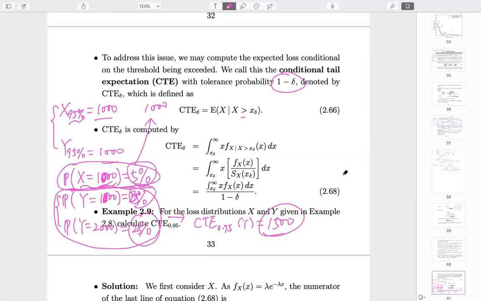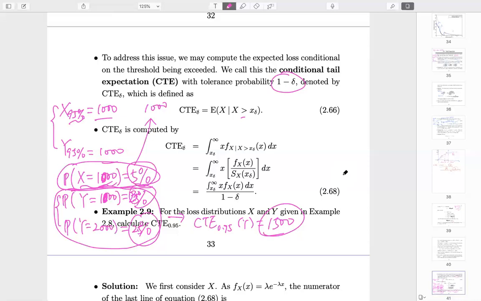That is why we need to introduce the idea of conditional tail expectation. Looking at the threshold is good, but may not be enough for us to see the entire picture of the tail. And the CTE helps us to move one step forward. Of course, it does not give us the entire picture.